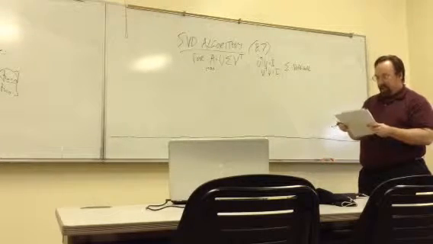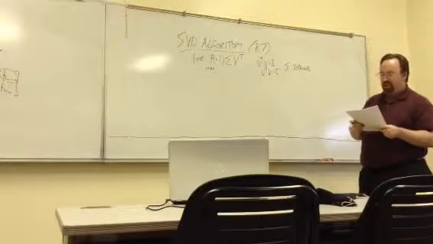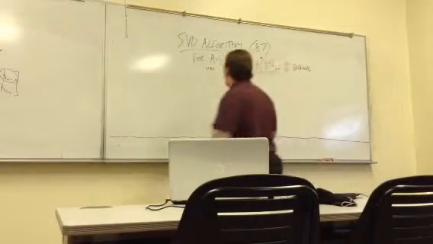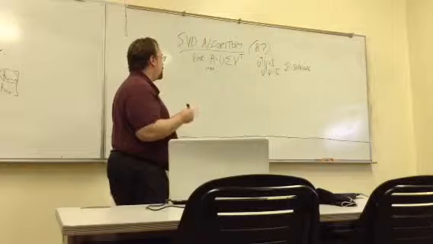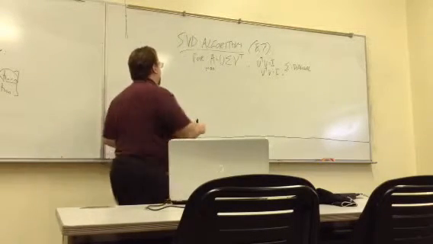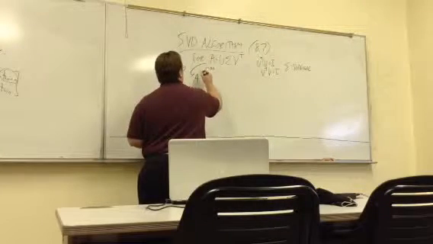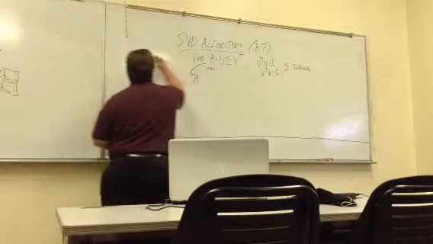Now, I mentioned some properties of the SVD quite some time ago. So one of these properties that is useful now for actually computing the SVD is, okay, it's notation.